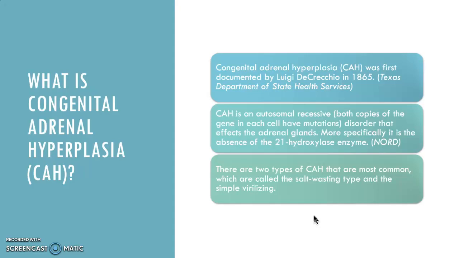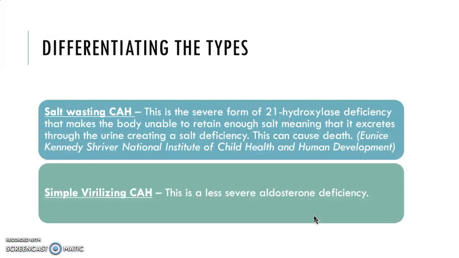It is an autosomal recessive disorder, which just means that both copies of the gene in each cell have to have the mutation. More specifically, we're dealing with the absence of a specific enzyme, which is called the 21-hydroxylase enzyme.